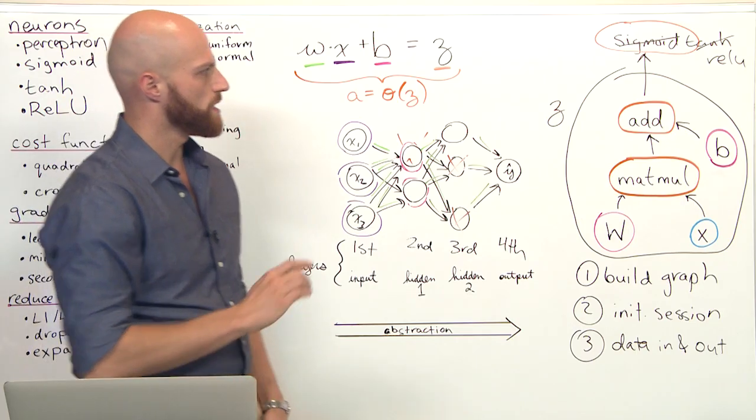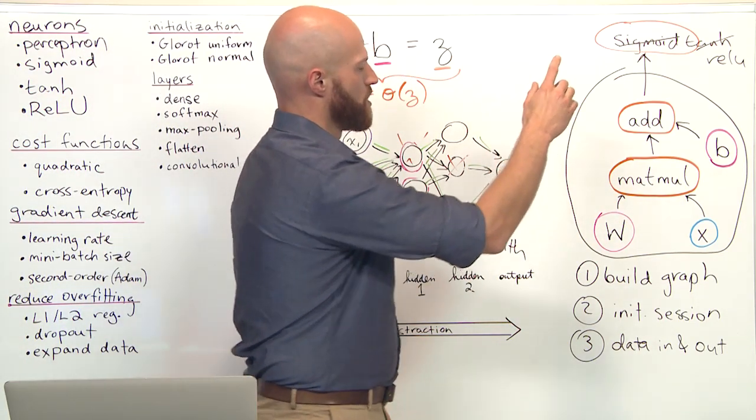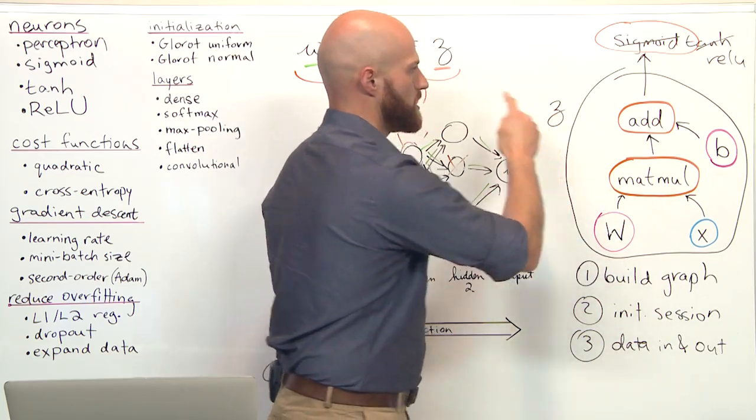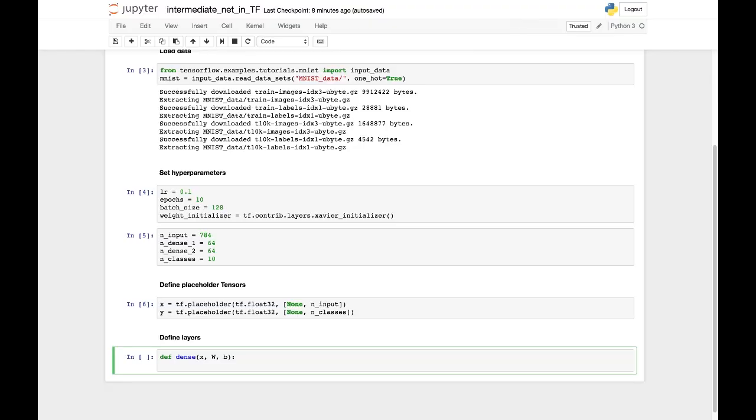And within the neuron layer, we're going to calculate Z. So we'll do that just as we did a couple notebooks ago by adding and matrix multiplication. So we have matrix multiplication, matmul, of X and our weights matrix.